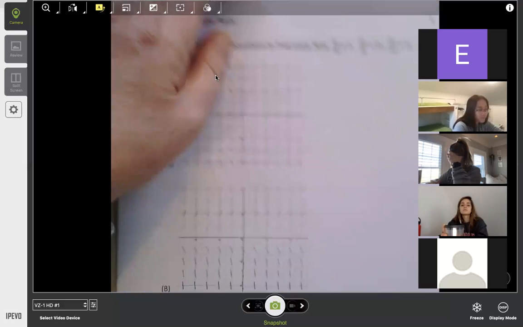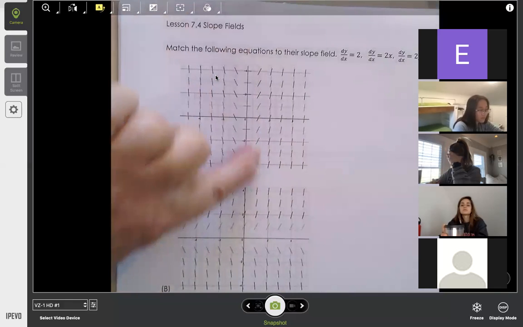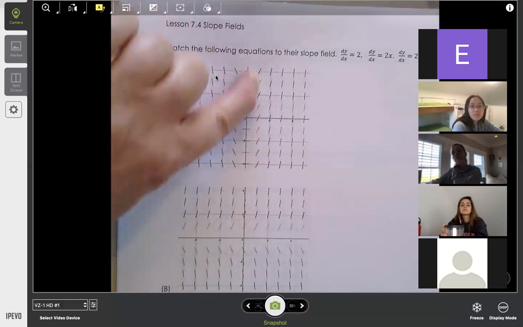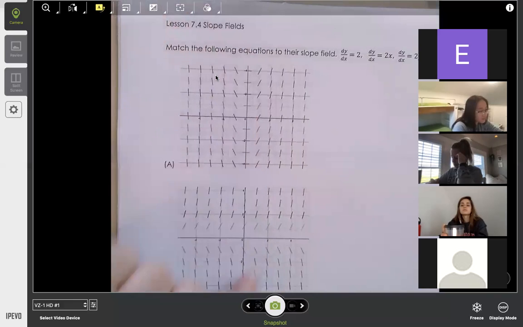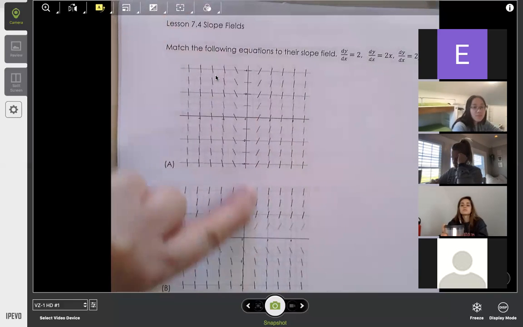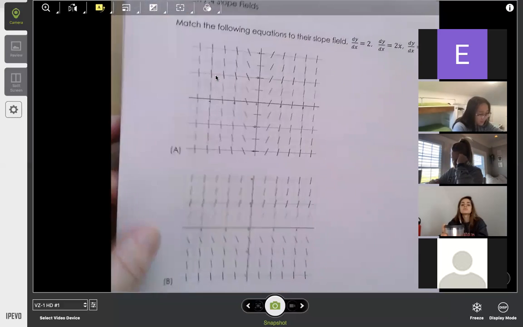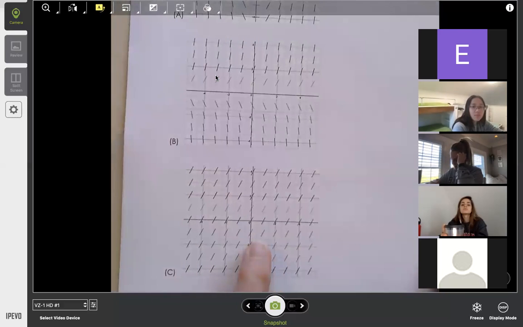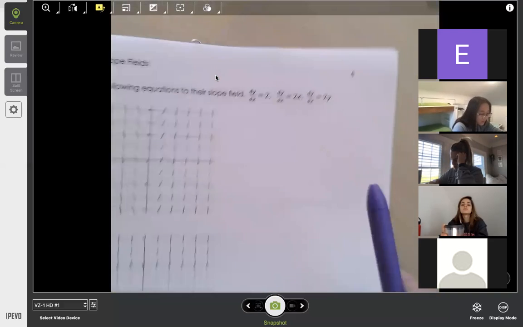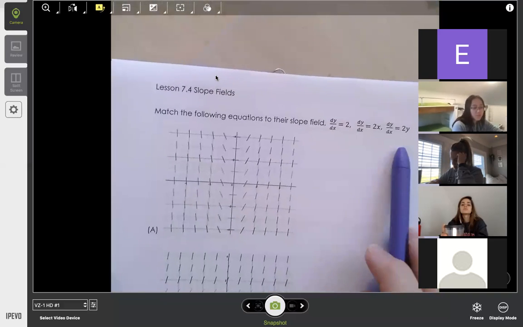If we look up and down, pick x equals 1, do these all have the same slope? Here they don't, they change. Here they do all have the same slope, but the slope is the same everywhere. So this very last one, the slope doesn't change at all. Which one of these three equations does that go with?